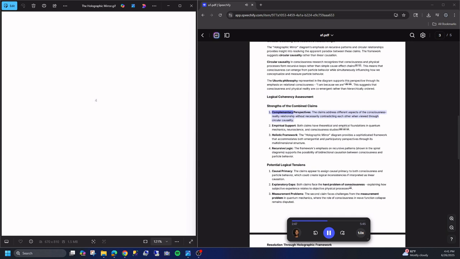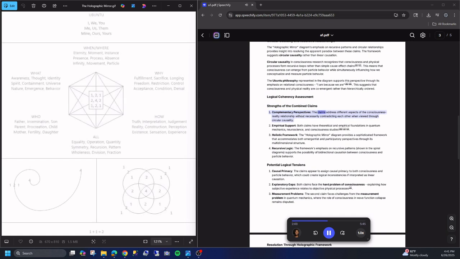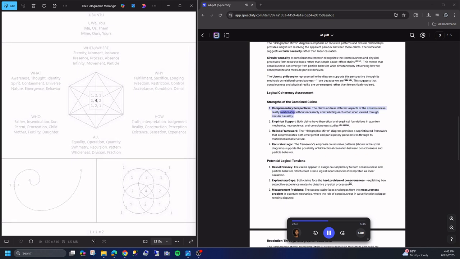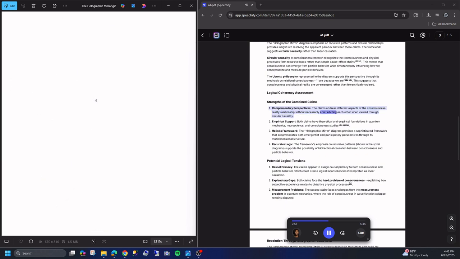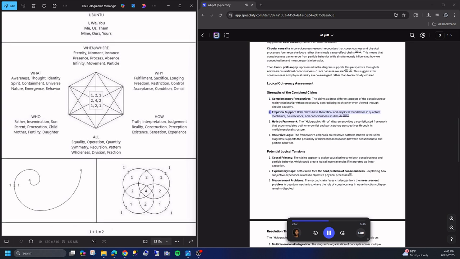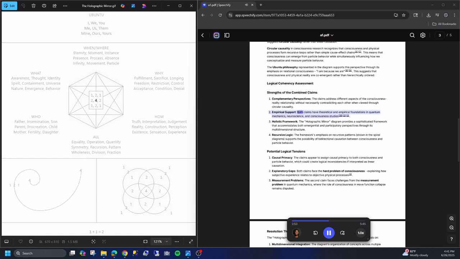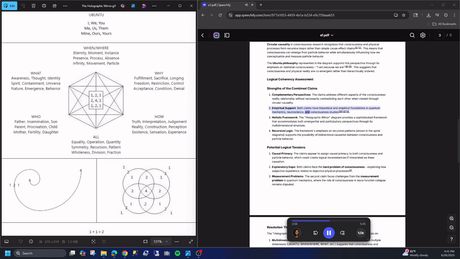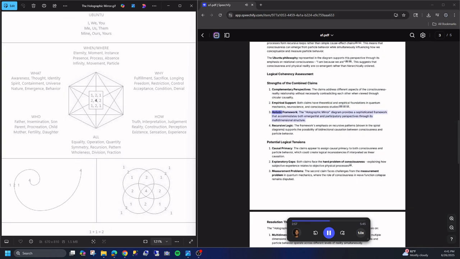1. Complementary perspectives. The claims address different aspects of the consciousness-reality relationship without necessarily contradicting each other when viewed through circular causality. 2. Empirical support. Both claims have theoretical and empirical foundations in quantum mechanics, neuroscience, and consciousness studies. 3. Holistic framework.